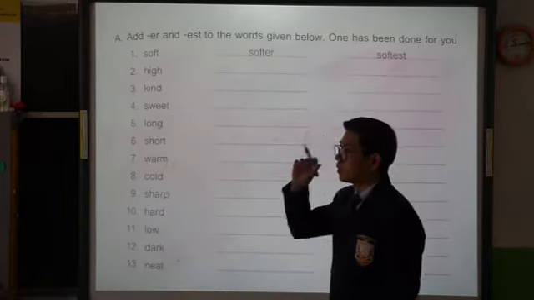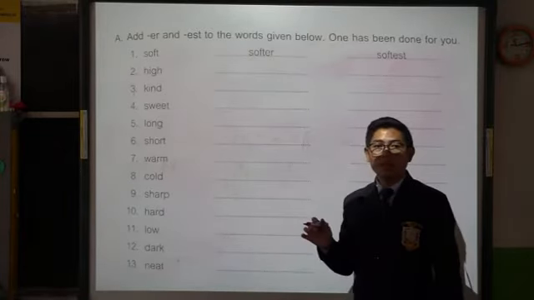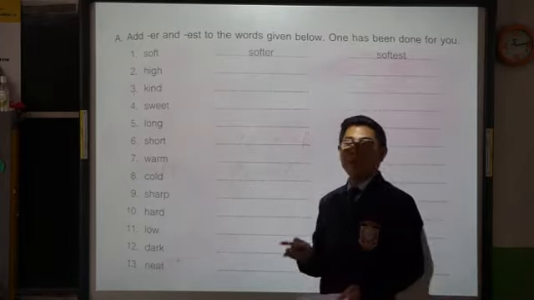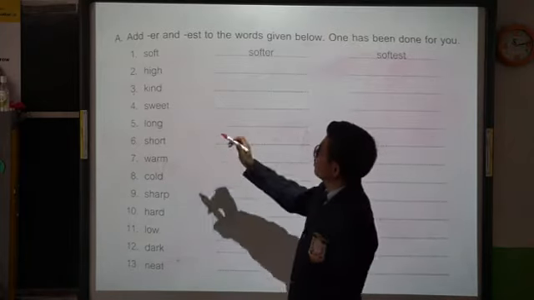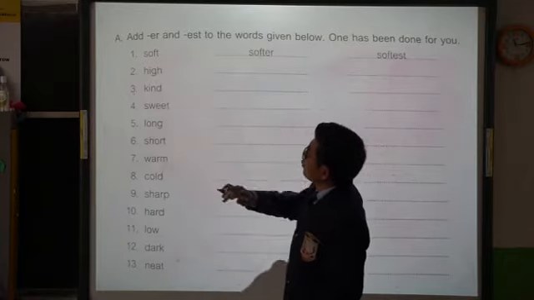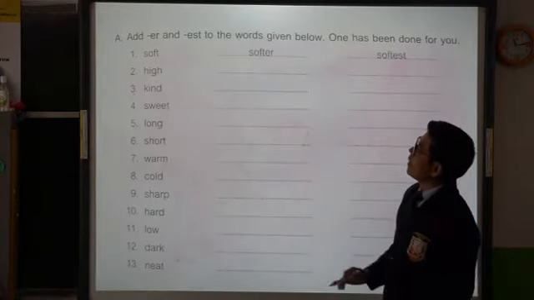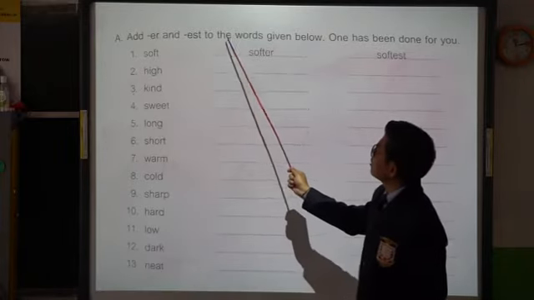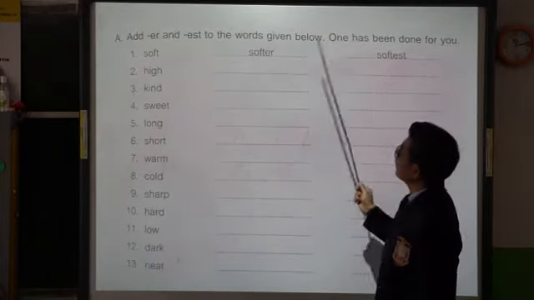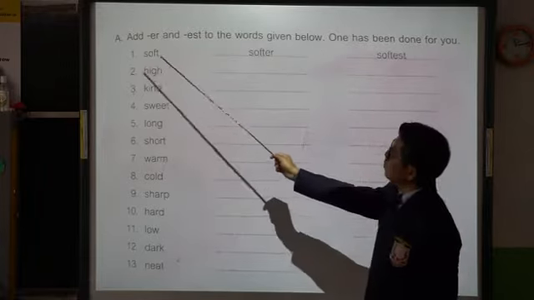Now we have learned that in order to show the comparison, we add ER and EST to the base adjective. For example, the question is: add ER and EST to the words given below. Okay, so one has been done for you.